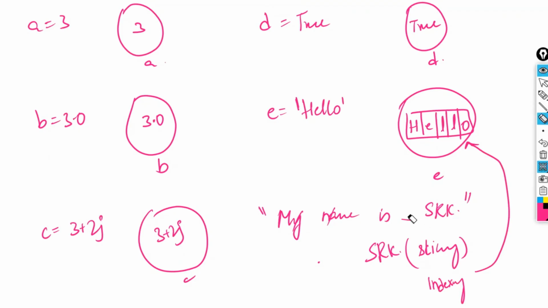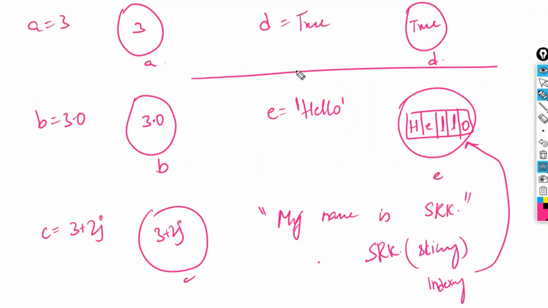If you don't want to extract SRK, if you don't want to extract anything, then there is no need to use indexing. But suppose I want to extract only certain words. For example, some person writes a comment, some YouTube comment. Whether it is a good comment or a bad comment, we want to predict that.